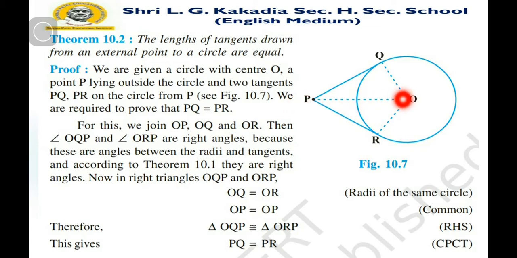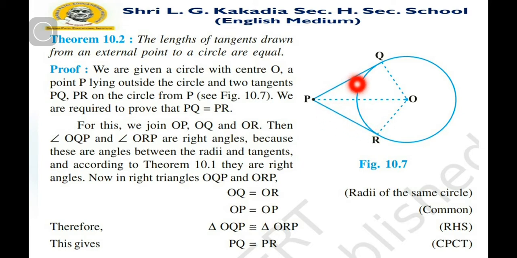If we draw the line segment PO, here you can find two triangles, PQO and PRO. We know that the tangent and radius are perpendicular to each other, which means angle Q is 90 degrees, and angle R is also 90 degrees.